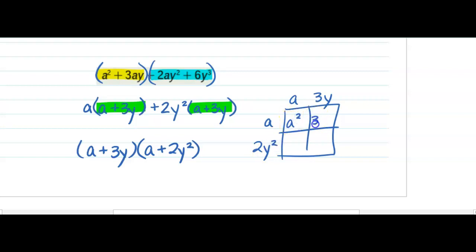A squared, 3ay, 2ay squared, 6y cubed. Notice I get a squared, 3ay, 2ay squared, plus 6y cubed. So I know that this has been properly factored because when I multiply it, I get back to my original answer.